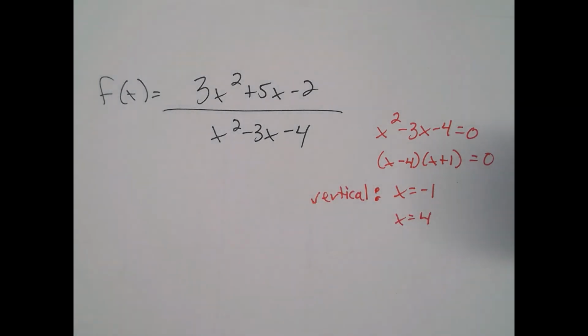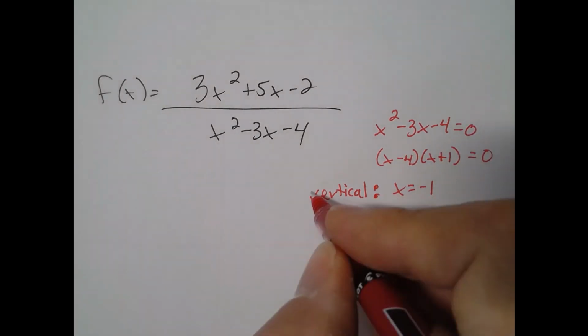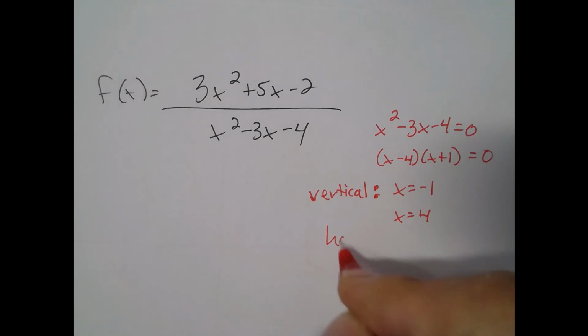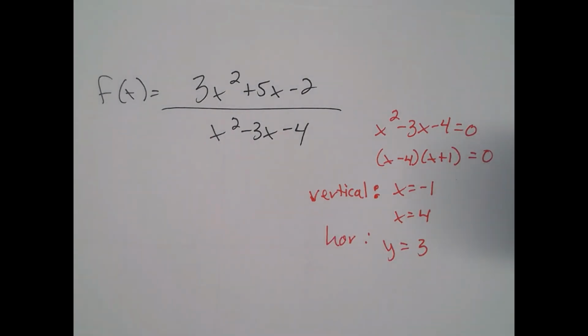All right, so we have vertical asymptotes at x equals -1, x equals 4. And again, our horizontal is y equals 3. Does everybody see that? Yep.